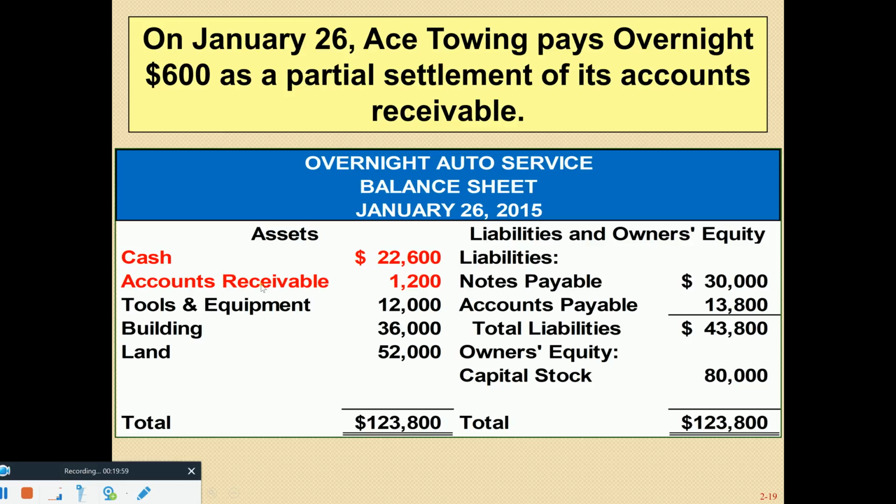So the accounts receivable, which was once $1,800, is now down to $1,200. And the cash, which was sitting at $22,000, has now increased to $22,600. So one asset went up, cash, one asset went down, accounts receivable. All the while, our balance sheet is still balancing.